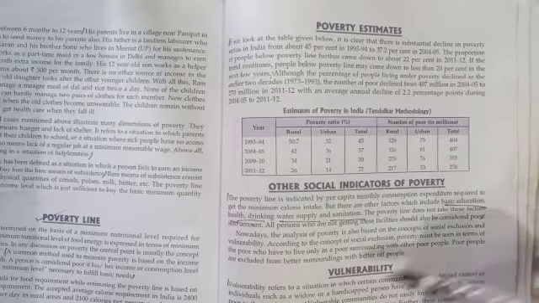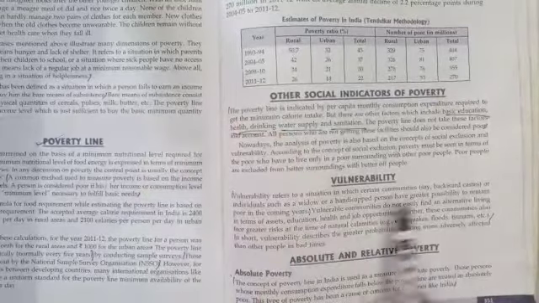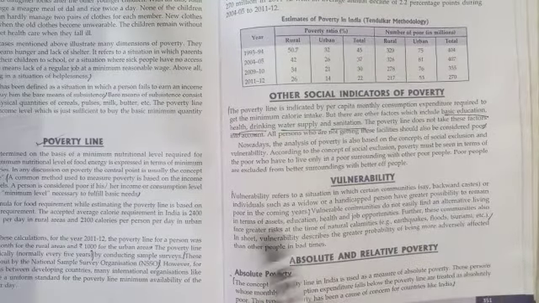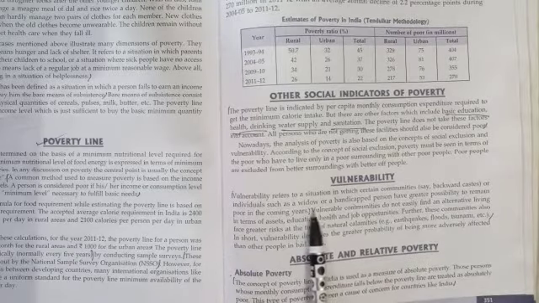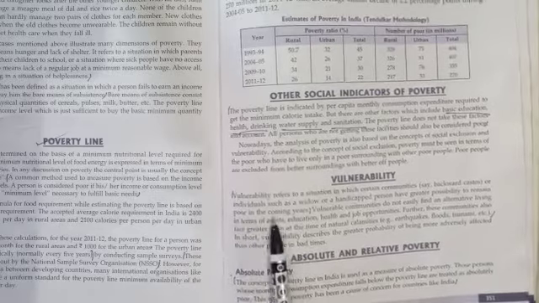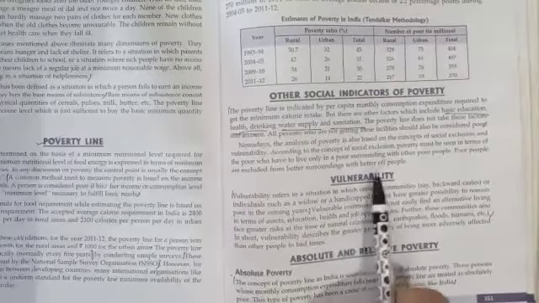Next topic is vulnerability. What is vulnerability? It refers to a situation in which certain communities, for example backward class castes, or individuals such as a widow or handicapped person, have a greater possibility of remaining poor in the coming years as well. So this situation is known as vulnerability.